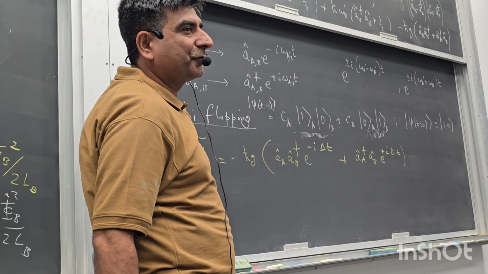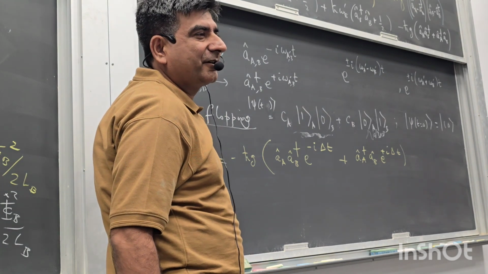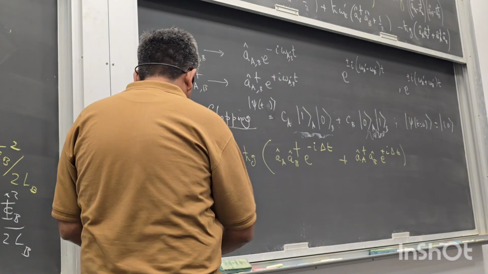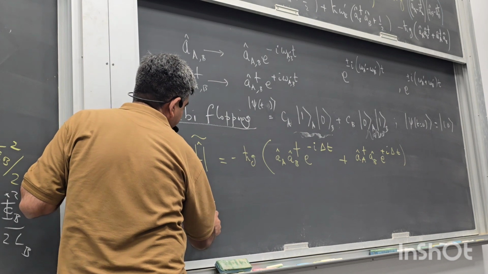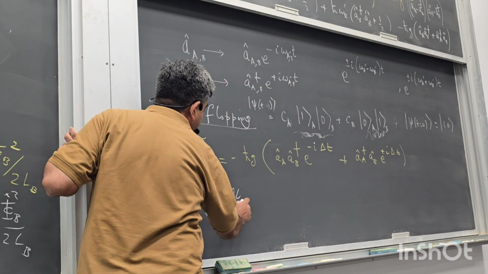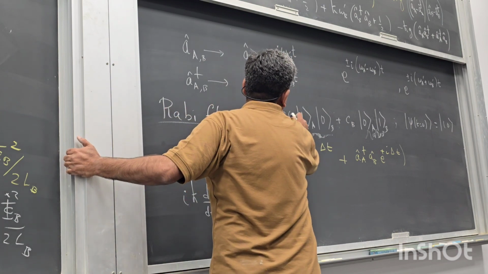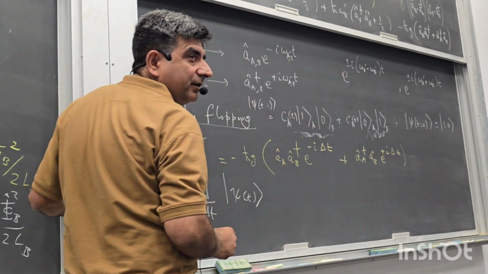So I take this Hamiltonian and use the time-dependent Schrödinger equation. Right? I know what the time-dependent Schrödinger equation is, so I take i h bar d by dt of this state, with the Hamiltonian that I've written over here, keeping in mind that these coefficients are time dependent. Okay.